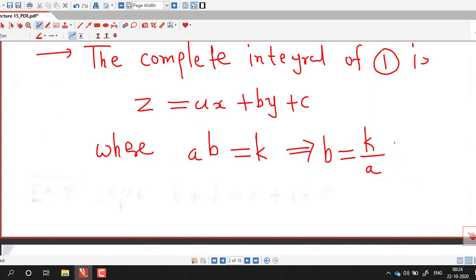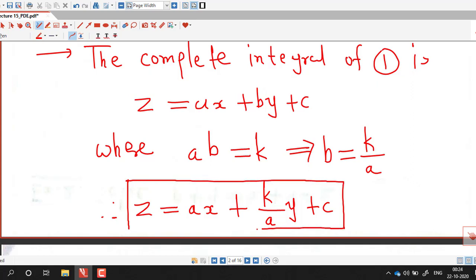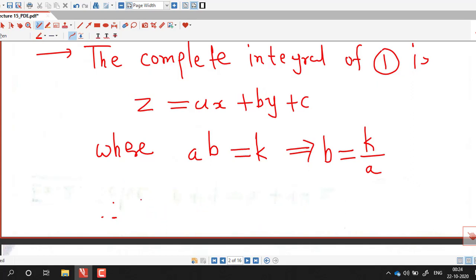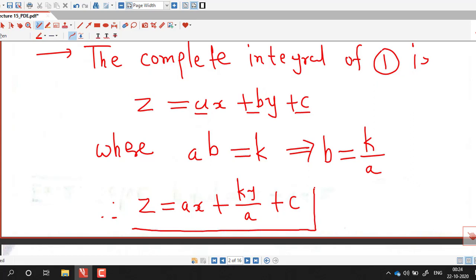Suppose I write b in terms of a, then the complete integral will be z = ax + (k/a)y + c, with b replaced by k upon a. This is the complete integral of the given equation, in which instead of three arbitrary constants we now have only two arbitrary constants. We give this number 2.